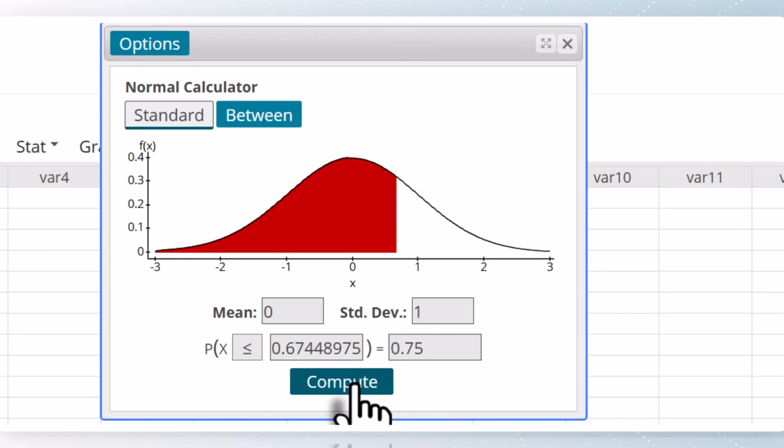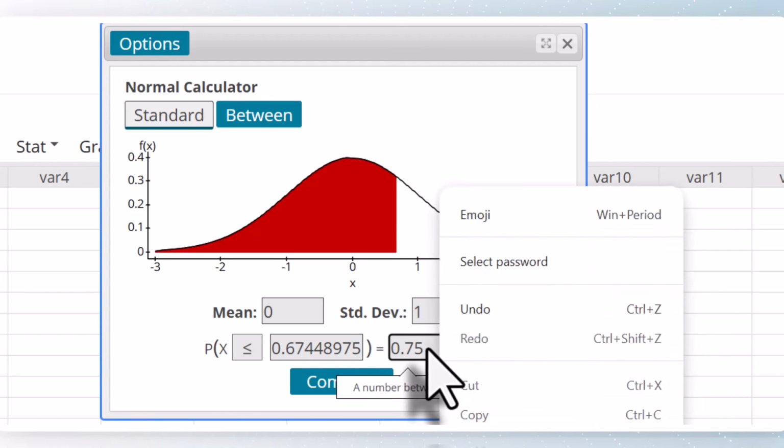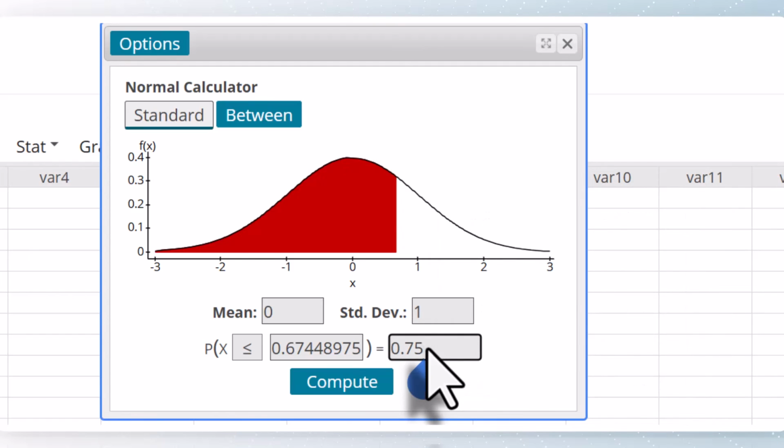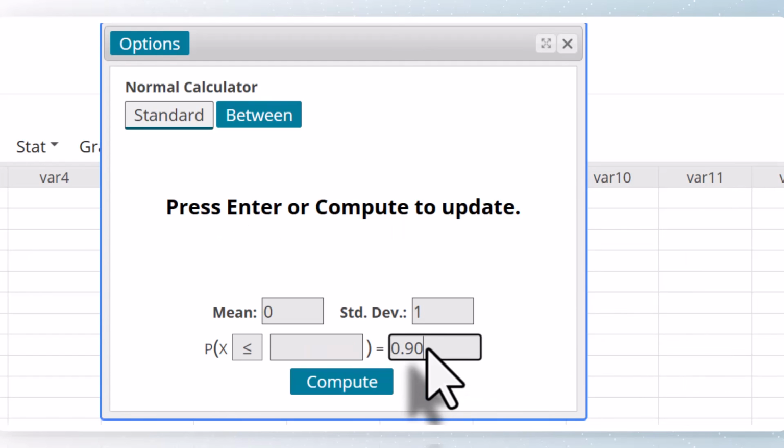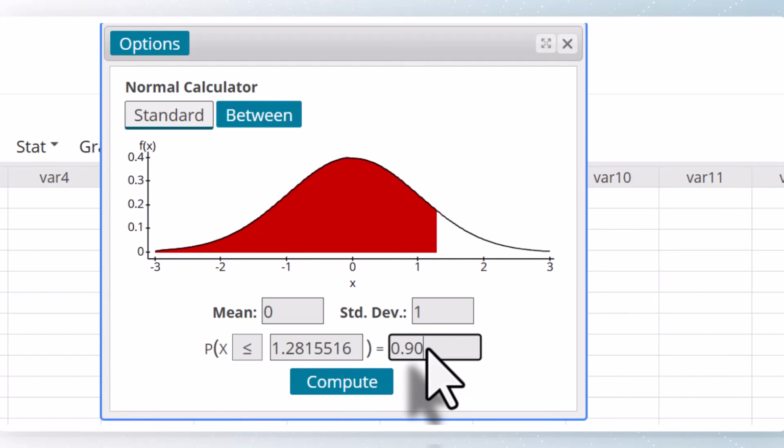If he says find the 90th percentile, you just change this one to 0.90. And here you go. The 90th percentile is z equals 1.28. So this is pretty much what you need to know about normal distribution and the central limit theorem.